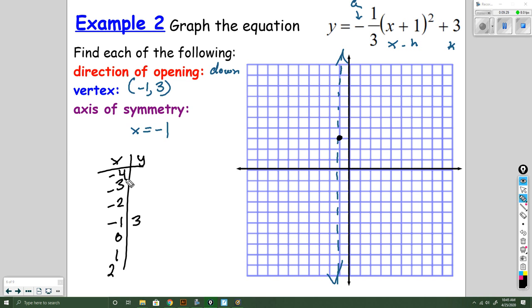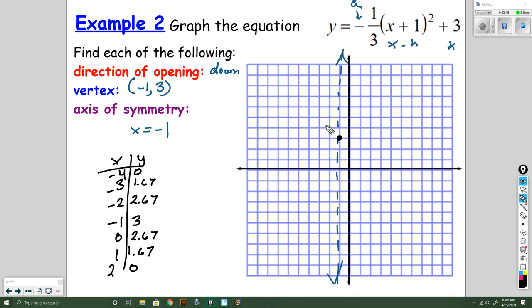All right, for this example, we get 0 for -4, about 1.67, 2.67. Obviously the same on this side, and that's at least enough to get us started.